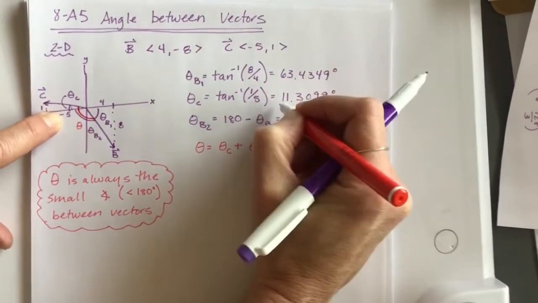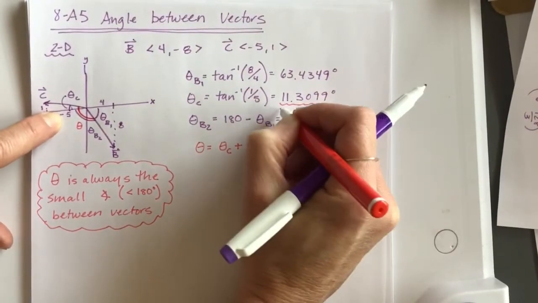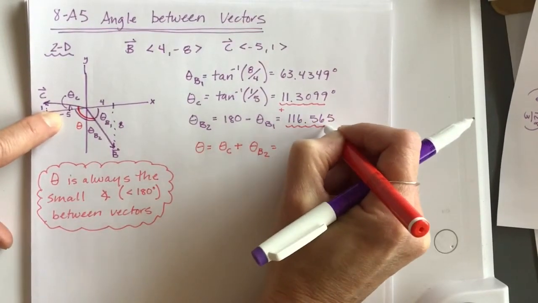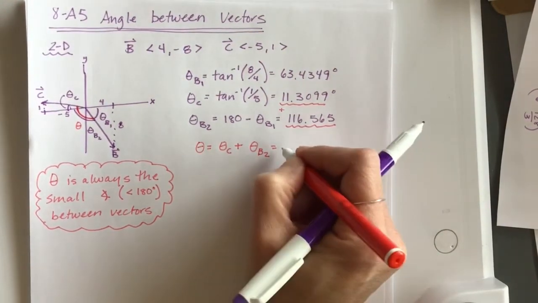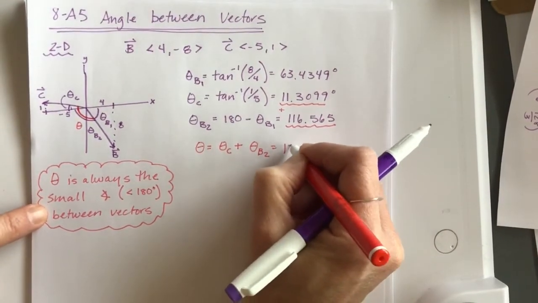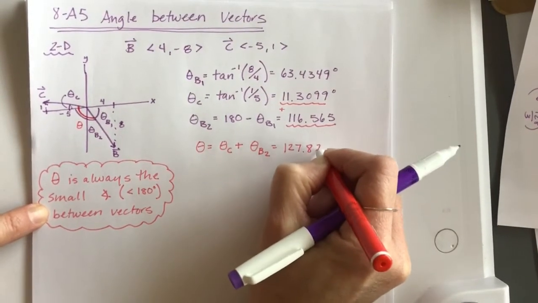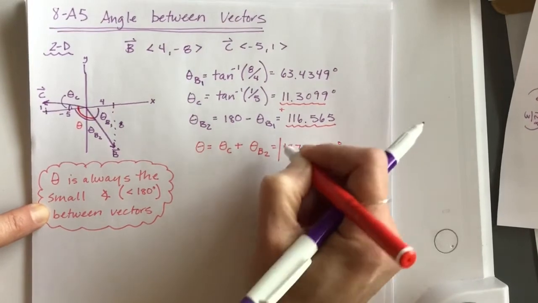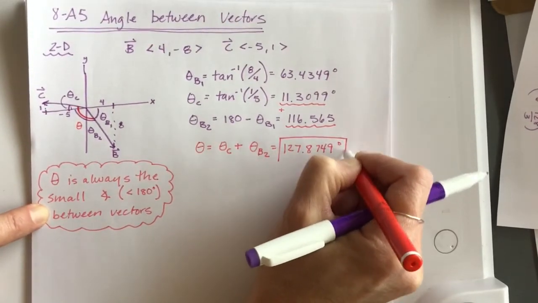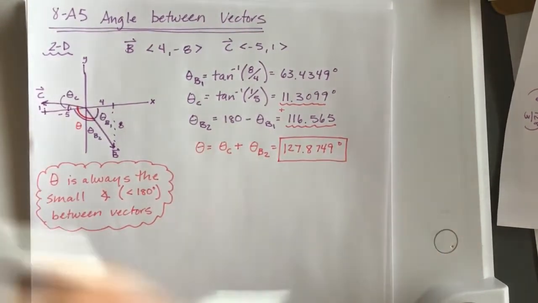So we're adding this one plus this one. When we do that, we get 127.8749 degrees. So that's the angle between the two vectors, and that would be your answer. Okay.